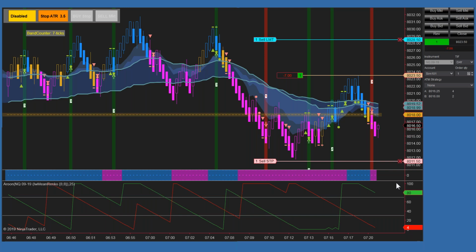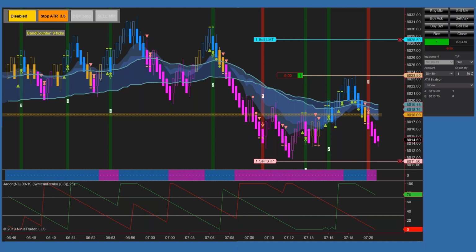So we got the number 3 signal, but you can see with the Aroon indicator anyways, the green line is on top, suggesting the buyers are stronger than the sellers at this point. Not looking all that good right now.